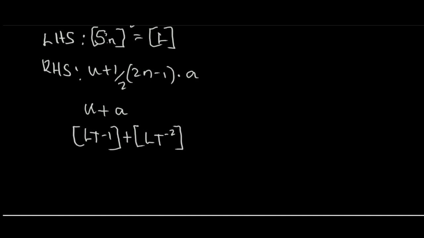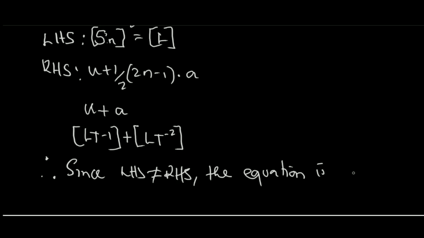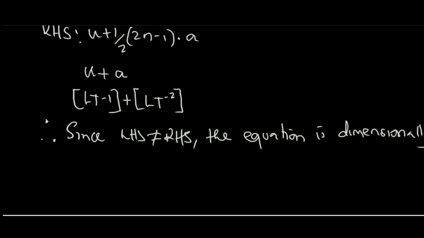Now if we do a comparison between left and right, they are not the same. So we conclude that since left hand side is not the same as right hand side, the equation is dimensionally incorrect. Thank you for watching this video.